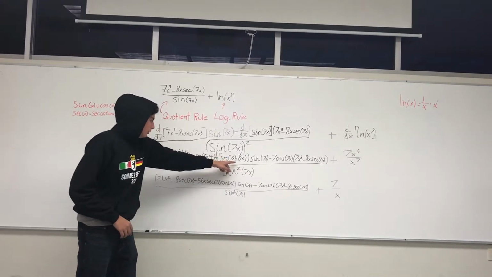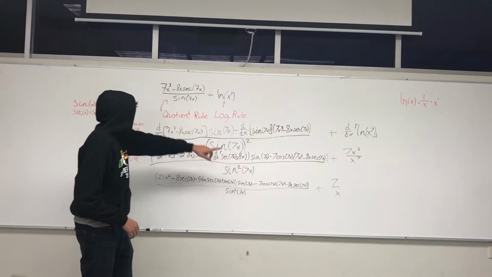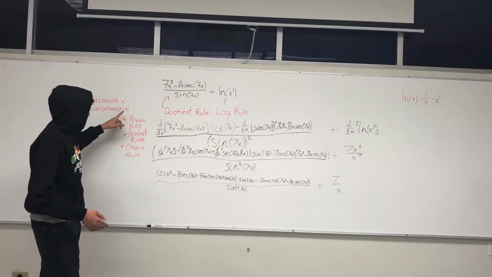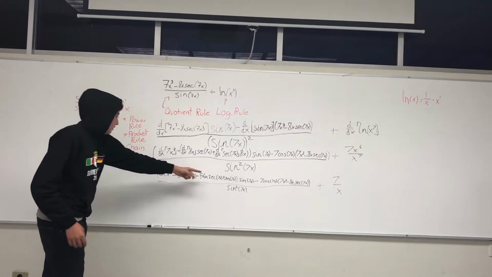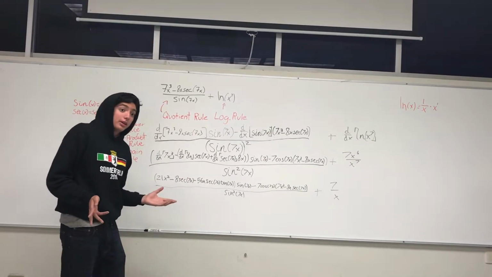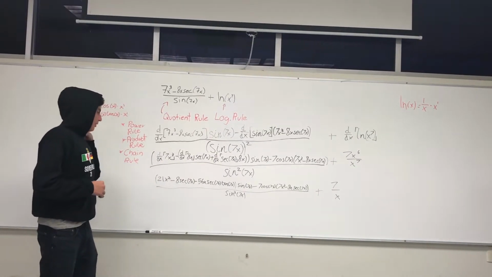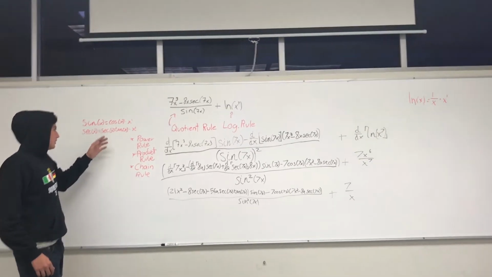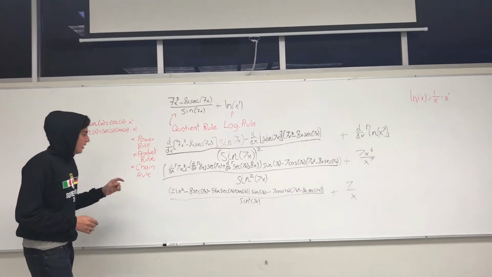Now this is because we multiply the 8x times the derivative, the x prime, which is 7 in this case. So 7 times 8x is 56x. And we also use the rule that the derivative of secant x equals secant x times tan x.